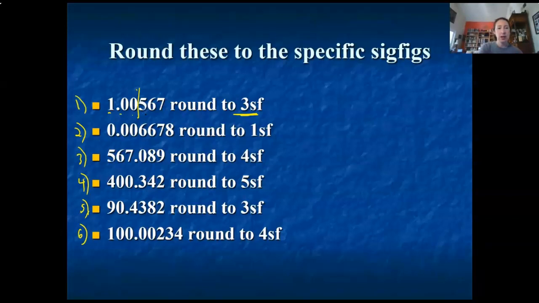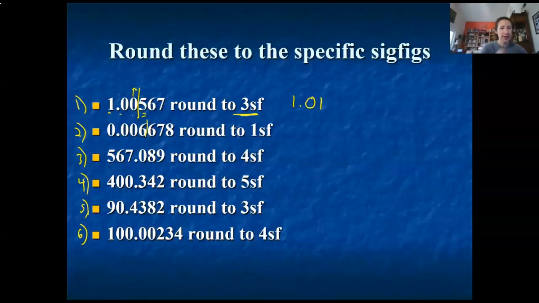Then you look here, this is 5 or greater, so that means we round up. So this would be 1.01, right? For our next one, 1 sig fig. This is the one I'm going to keep here.